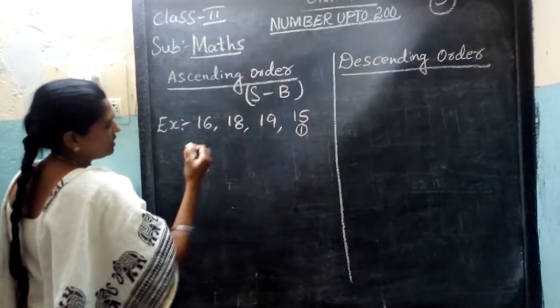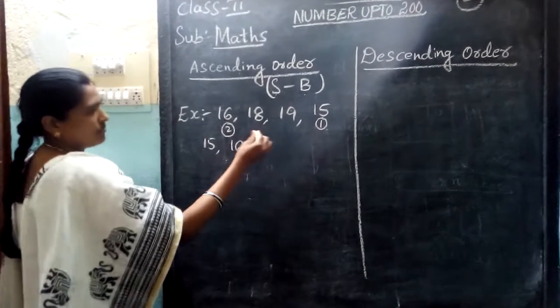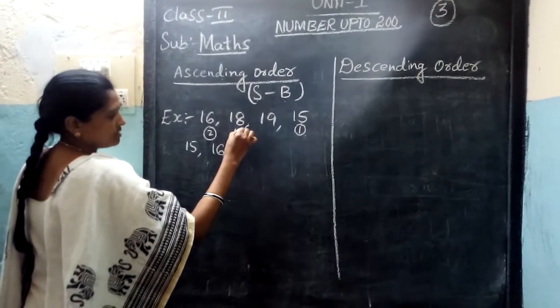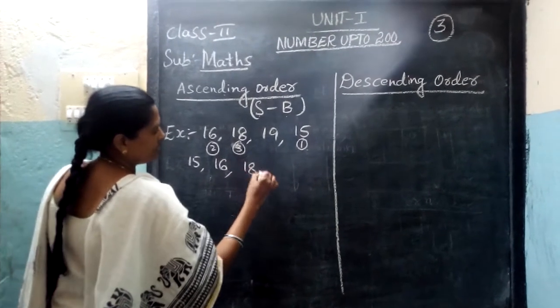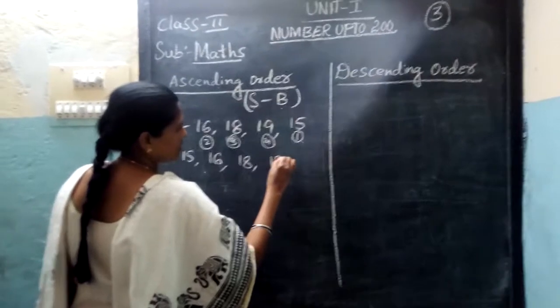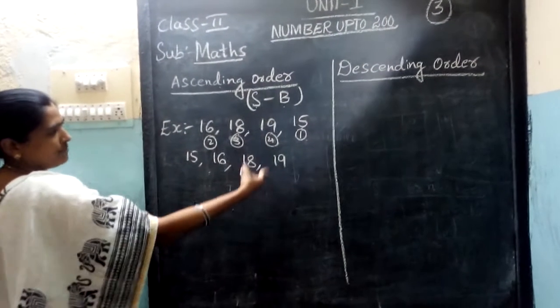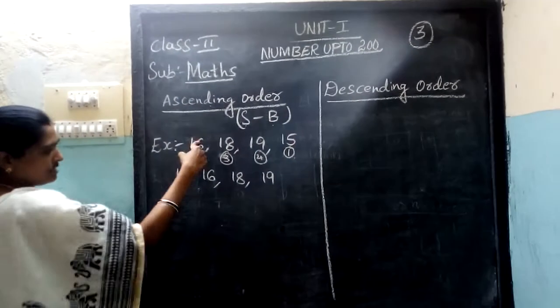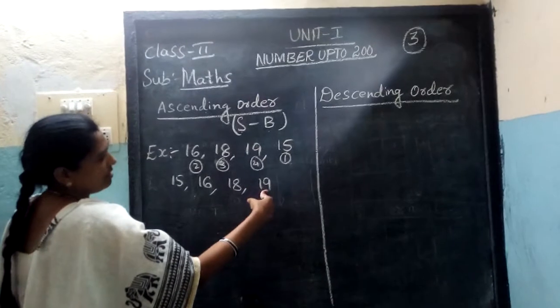Next one 16. Next one 18. Next one 19. This is the small number to the big number. First 15, next 16, next 18, next 19.